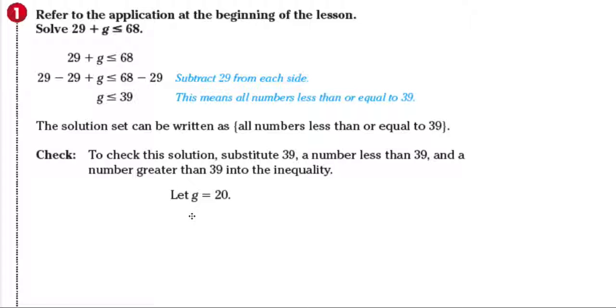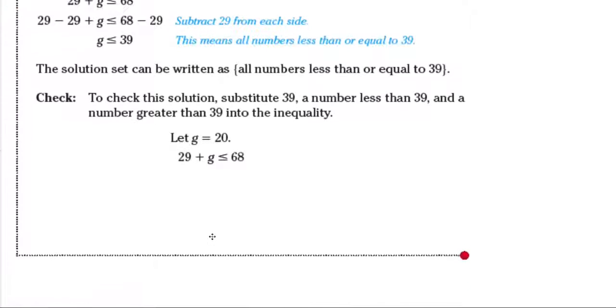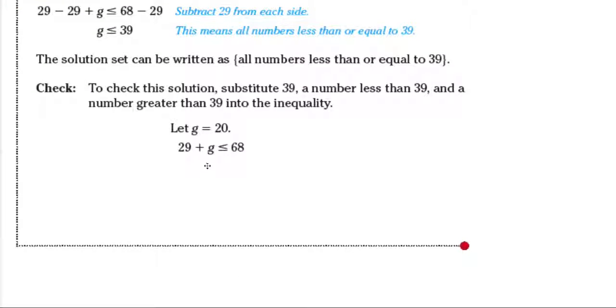So let g be equal to 20. 20 is a number less than 39. Substituting the value of g into the inequality, we end up with 29 plus 20 less than or equal to 68, and we find that 49 is less than or equal to 68. So this inequality is true.